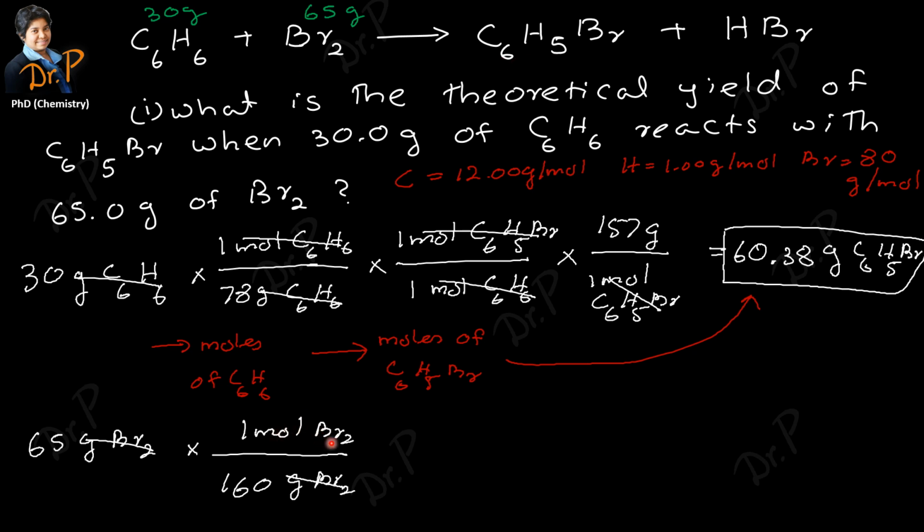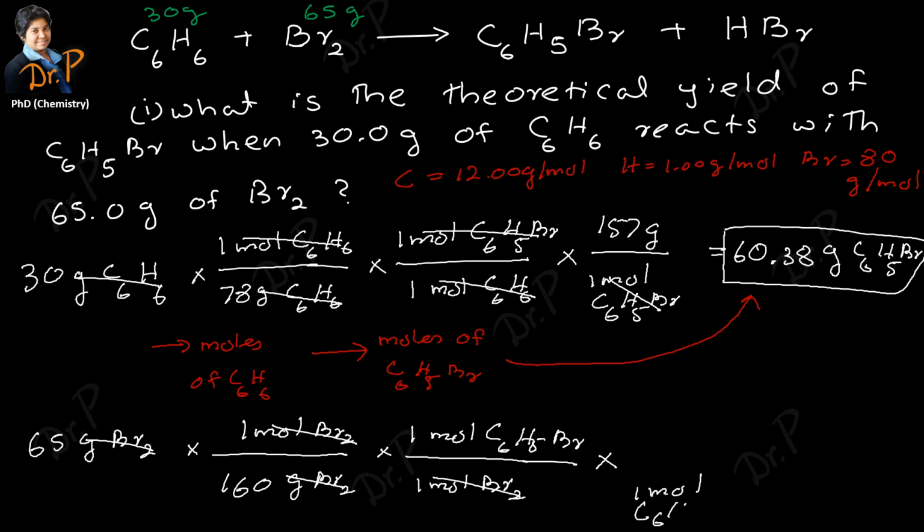I need to get rid of this term, so for the denominator I need 1 mole of Br2 giving 1 mole of C6H5Br, and then I need to convert this to the mass, so I'm using this conversion factor again. 1 mole of C6H5Br is 157 grams. That's 63.78 grams.